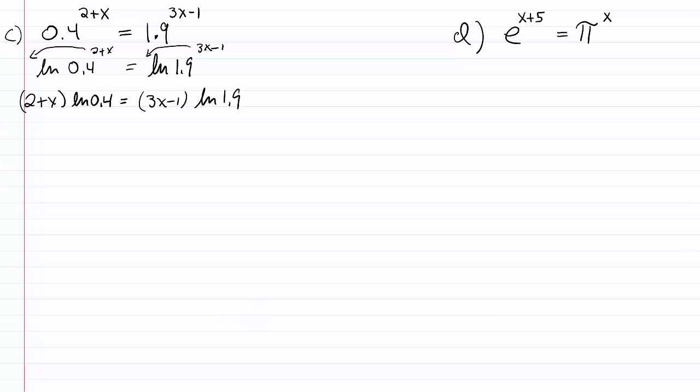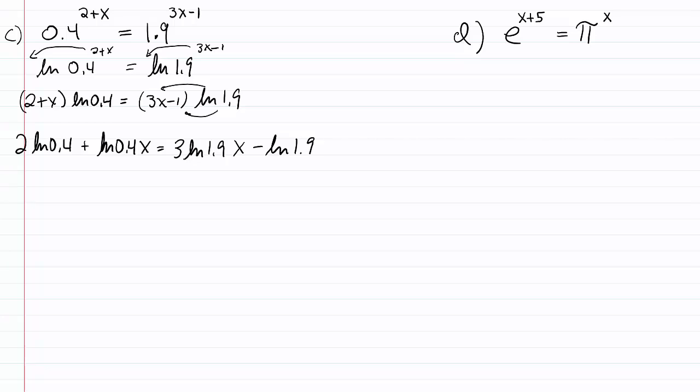Then you distribute, so you end up with 2 ln of 0.4 plus ln of 0.4 times x is equal to, distributing here, we end up with 3 ln of 1.9 times x, and then basically minus ln of 1.9, right? So just distributing across.